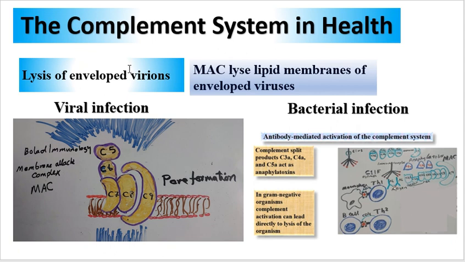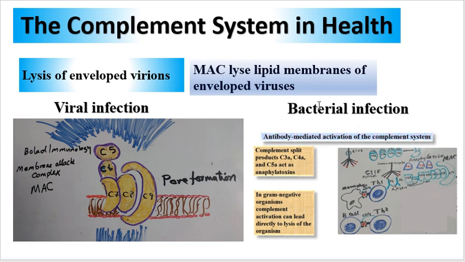As I mentioned, the complement system is very important in body health. So it has antiviral activity. It has the capacity to lyse lipid membranes of enveloped viruses, or to remove phospholipids from virally infected cells, and this will lead to killing of the virus.